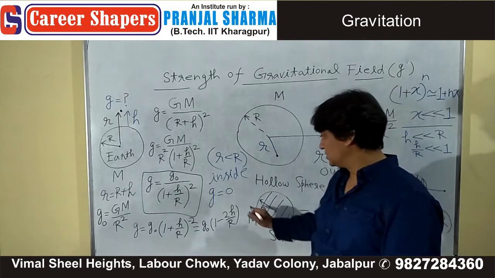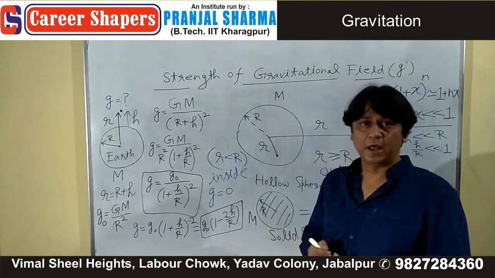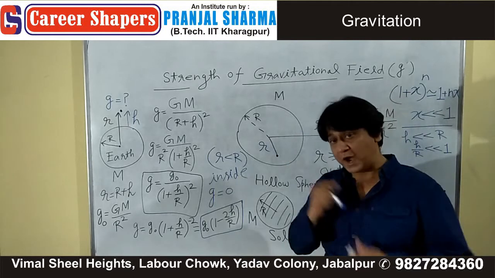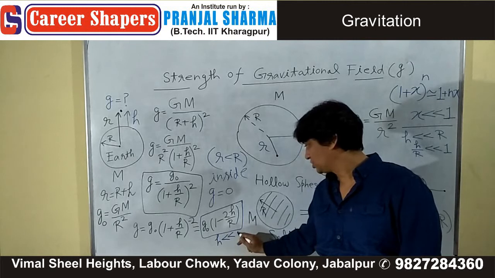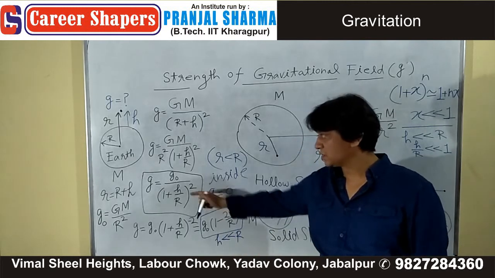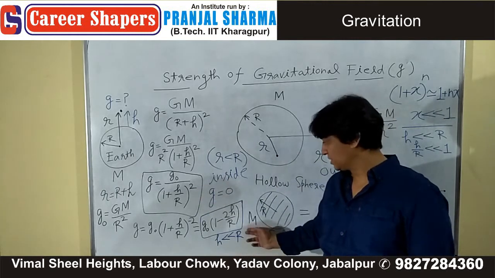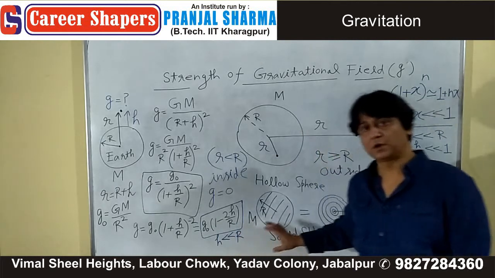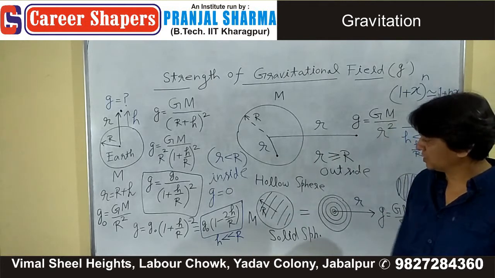This is strength of gravitational field at some height h from the surface of Earth, provided h is much smaller than r. This is gravitational field at any height. This is only if h is much smaller than r. Note down this much.